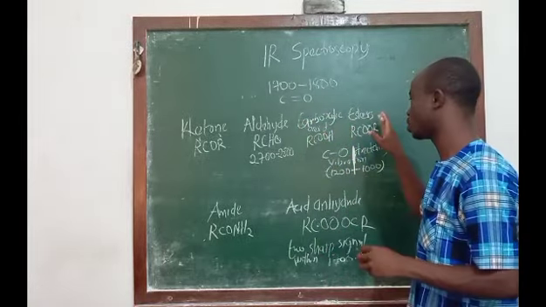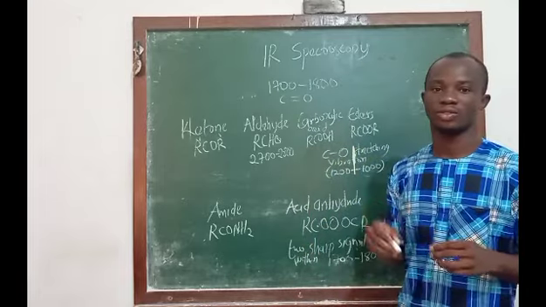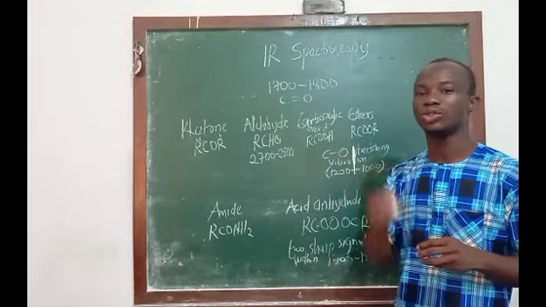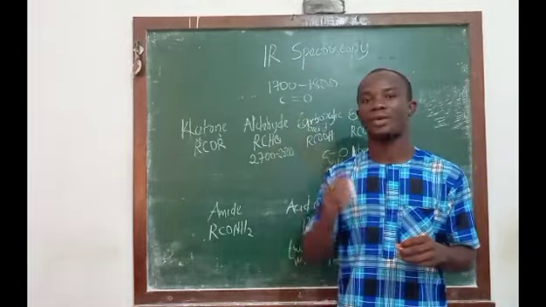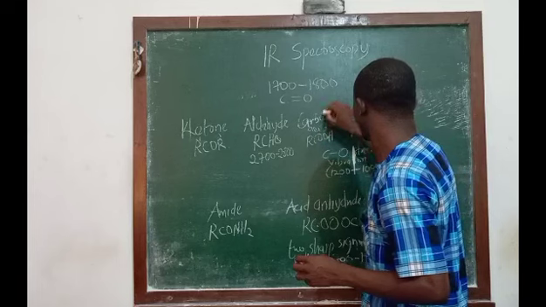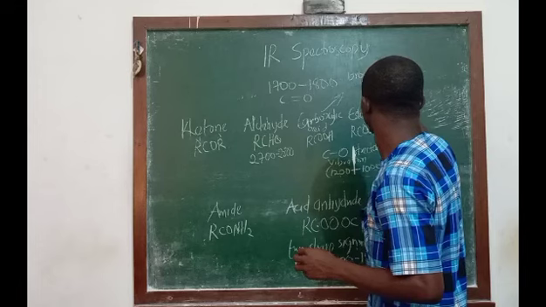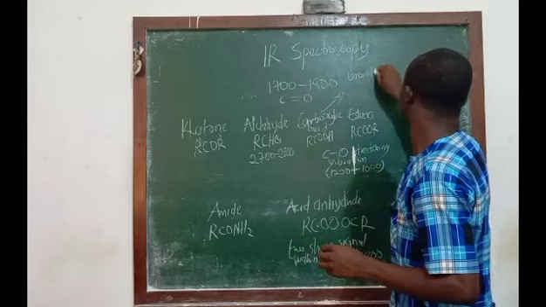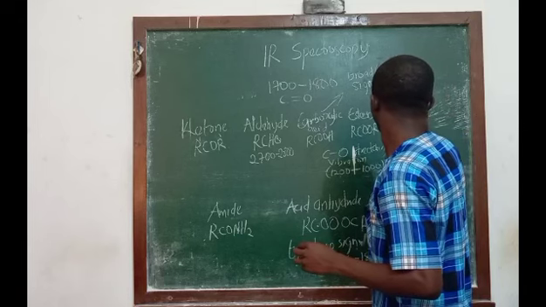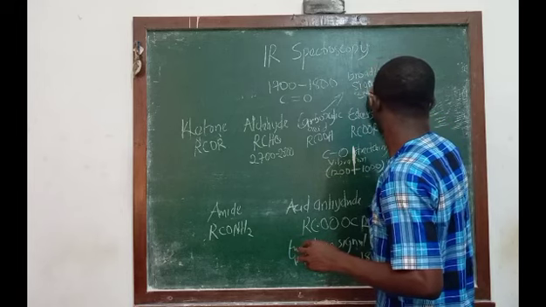But the question now is, how do I differentiate them? The difference between these two is usually identified by checking for the OH stretching vibration, which is usually a broad signal around 3000. So for carboxylic acid, we are going to have a broad OH signal around 3000.